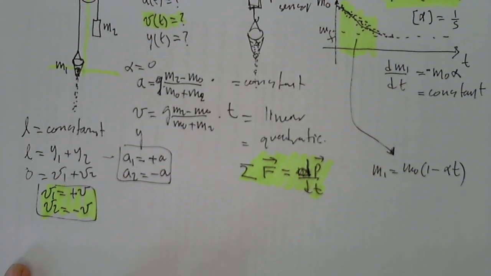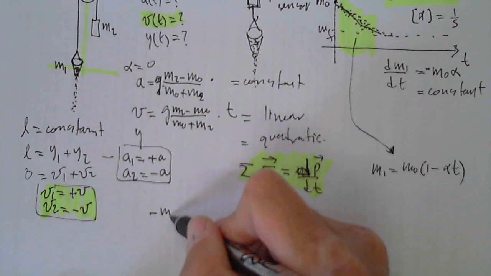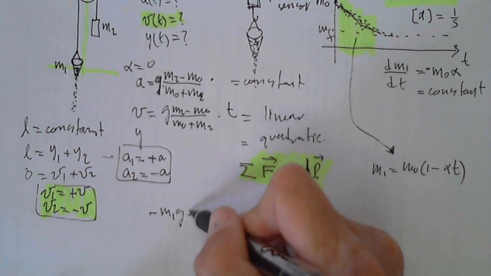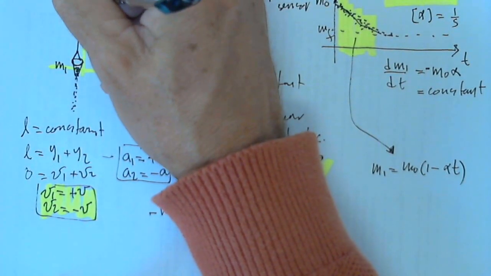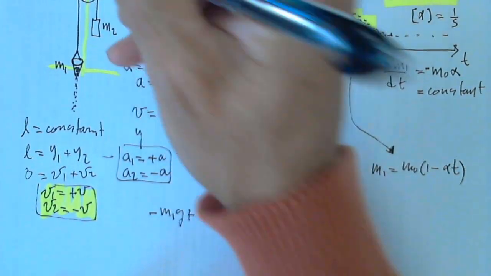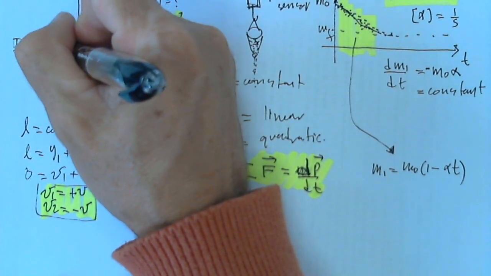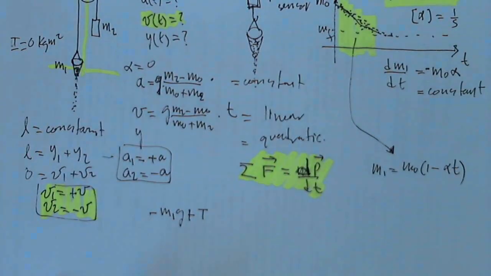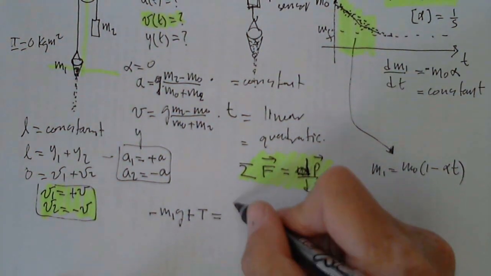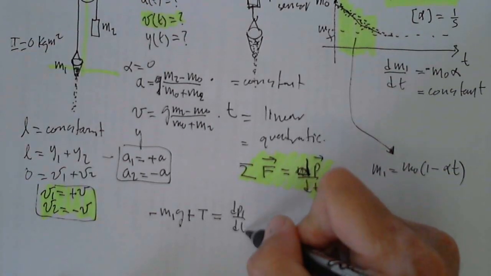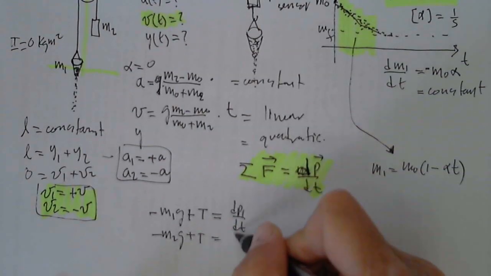And now we are going to put the equation for object 1. So you got gravity down, and tension. We are not including moment of inertia, so it's going to be one tension per string. And this is the equation for object 2.